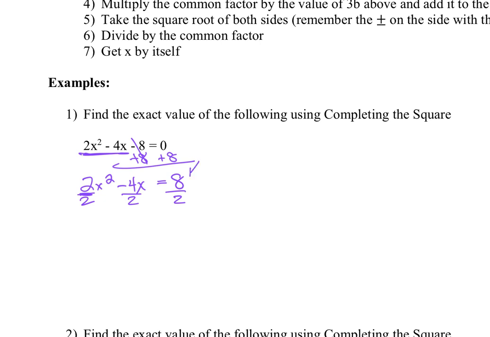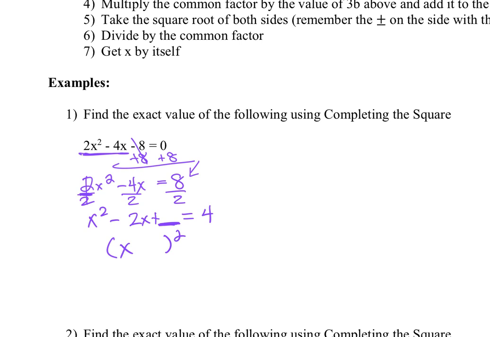Sometimes you're going to get a fraction over here, but guess what? You have calculators. You'll be fine. So it's x squared minus 2x equals 4. Now notice I left a space here because I want to make this a perfect square equation. I'm going to add a number to this side that's going to make this a perfect square. The number I'm going to add is from that process that we just did.